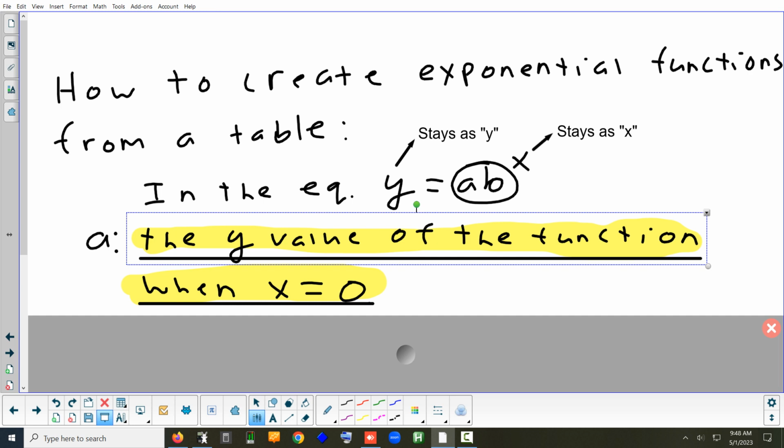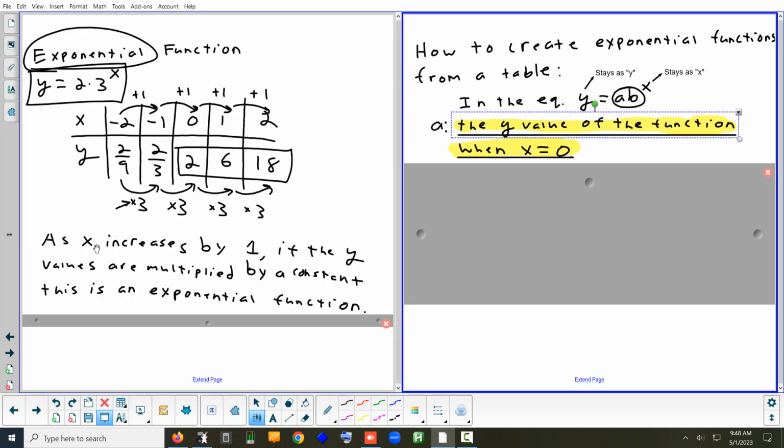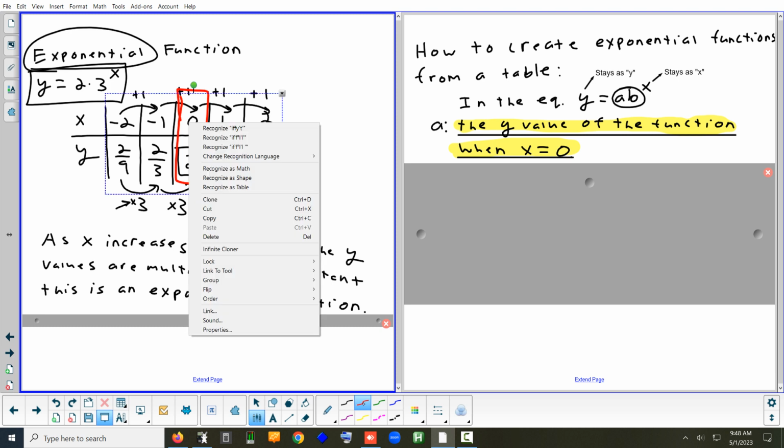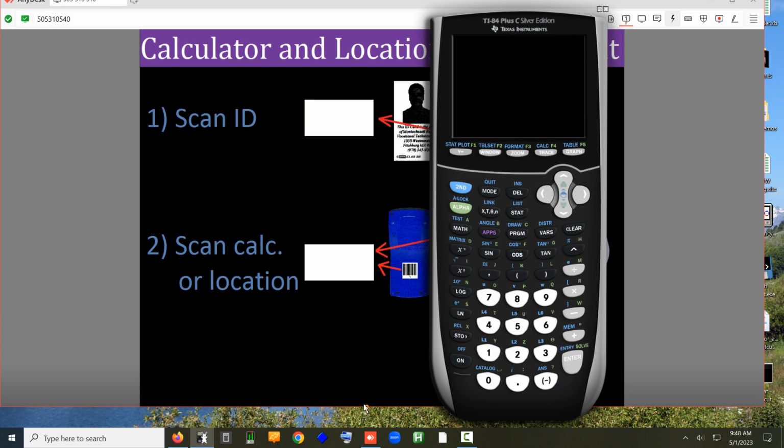That is the A value. So let's go back and look at this last one, for example. It says to find where x equals 0. Okay, that's that column right there. That's where x equals 0. And then read off the y value in that column.